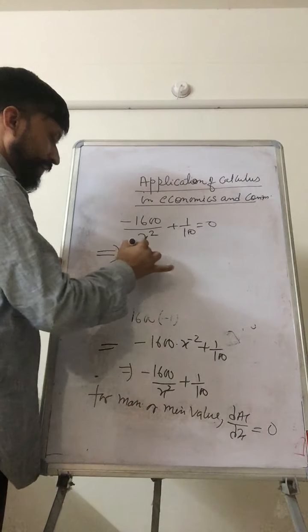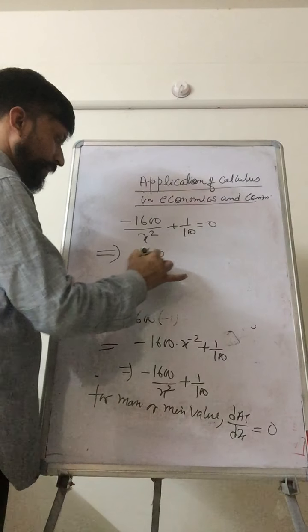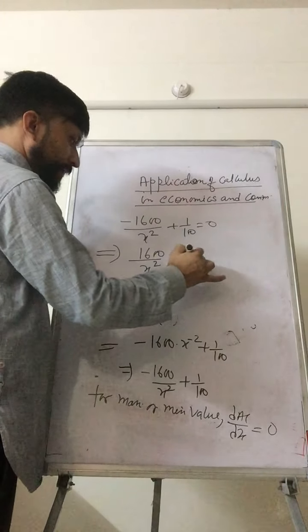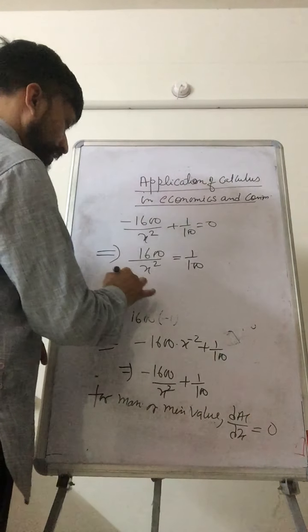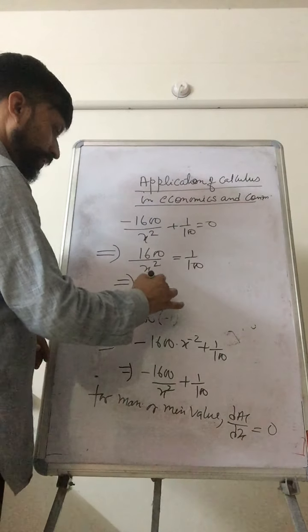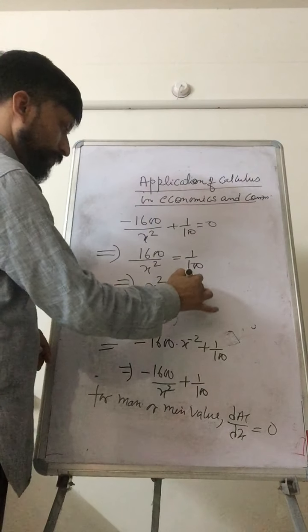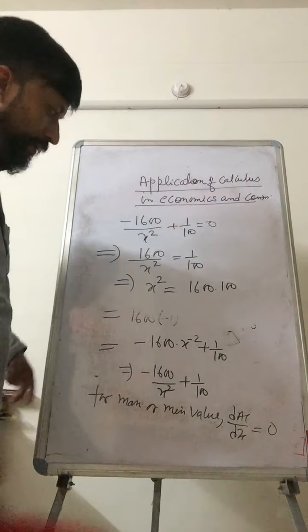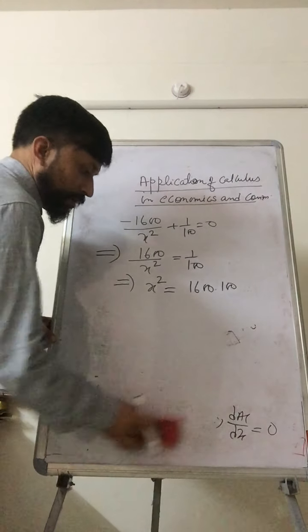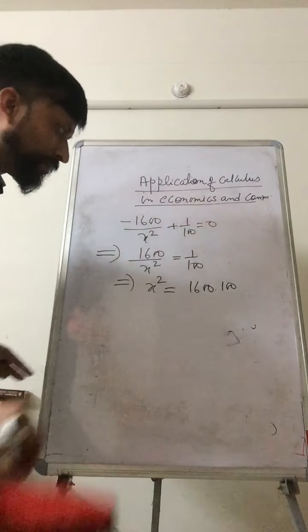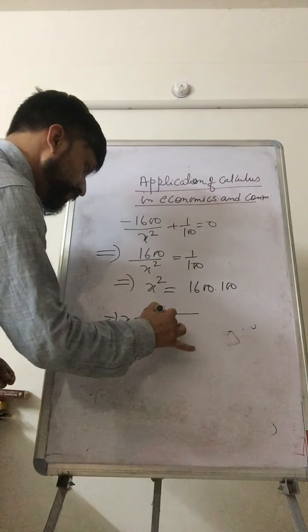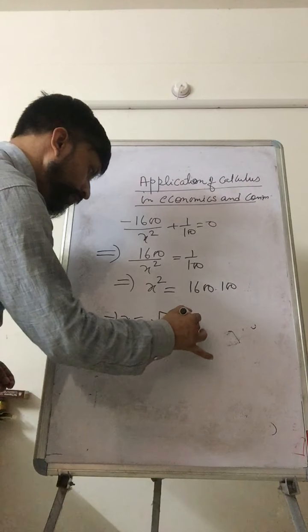So from here we are getting 1600 by x square equal to 1 by 100. If you simplify, we will get x square equal to 1600 into 100. Then the value of x will be x equal to under root 1600 into 100.